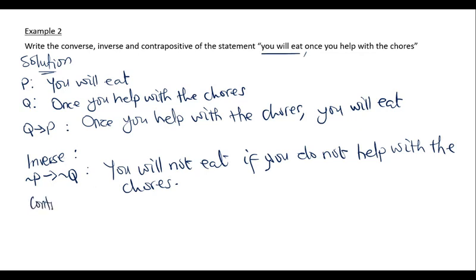Now the contrapositive of this statement is the negation of the converse, which is what? Negation of Q implies negation of P, and that will be, once you did not help with the chores, you will not eat. That is, we are bringing the negation of Q first before the negation of what?